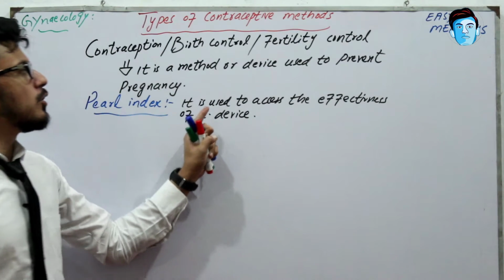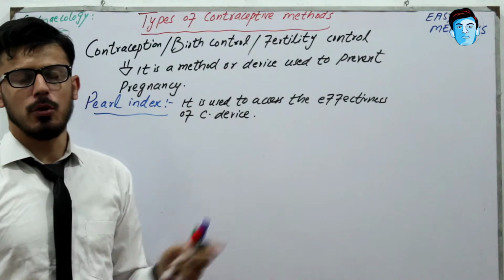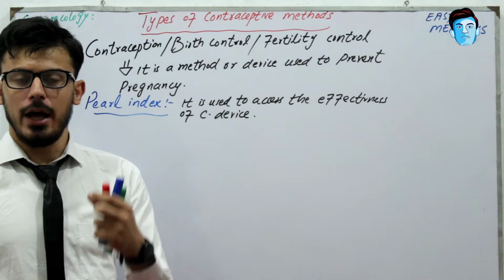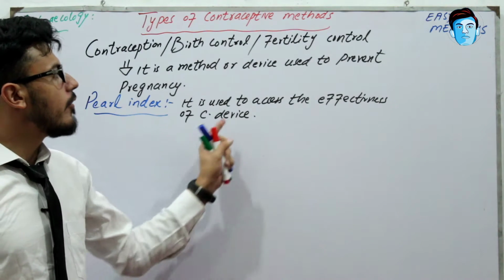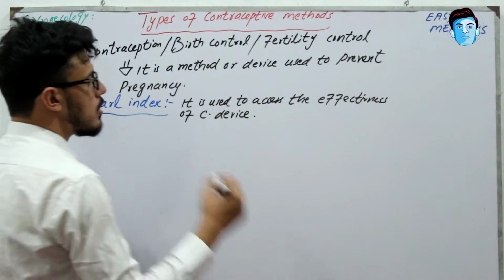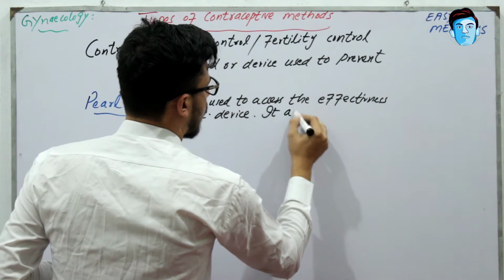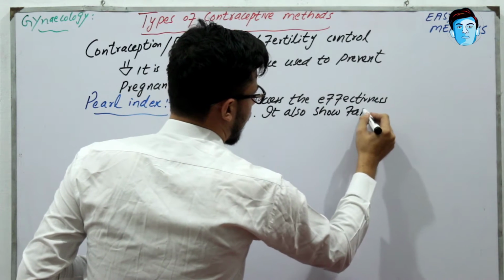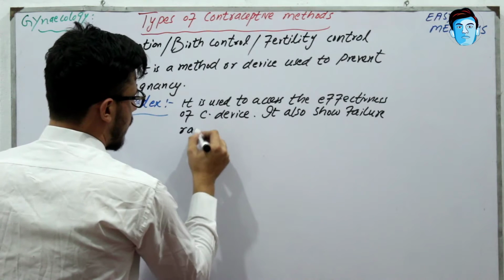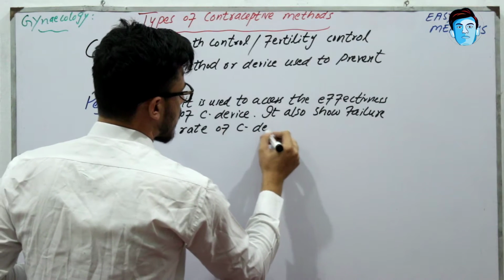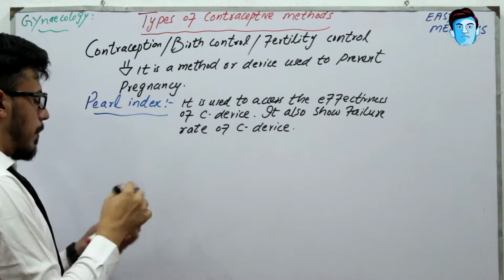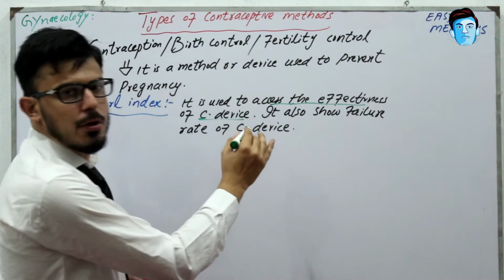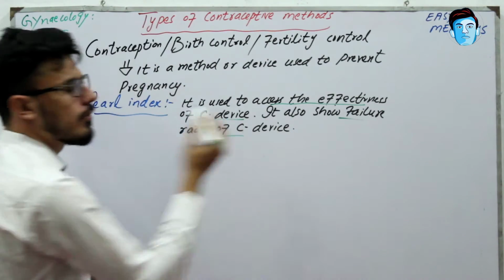When I say it is used to assess the effectiveness, I mean it also shows the failure rate of the contraceptive device.